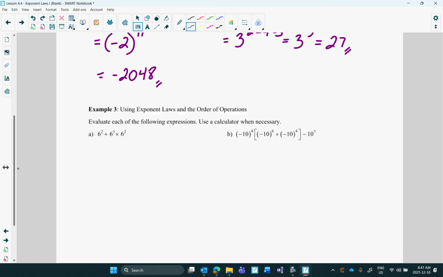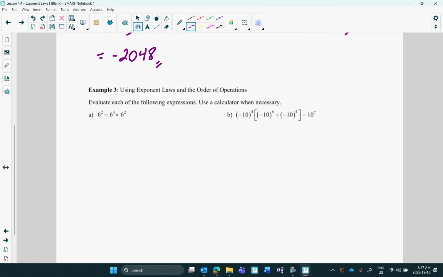Okay, this last one. Remember, you can only put together into a single power if you're multiplying or dividing. I'm adding these ones here. I can't combine them. But I can combine these two.